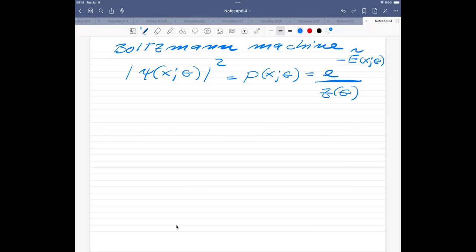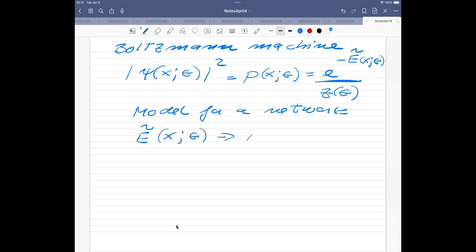So this model, which we are setting up, the model for a network, is actually this term E of x of theta, which then is going to be a function of parameters x or parameters h, which are called the hidden layer parameters. And then you have theta as the parameters of the network.